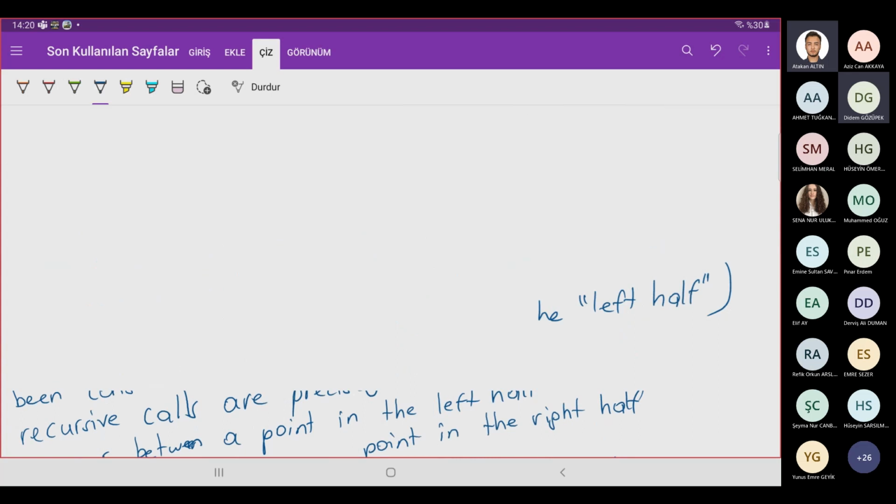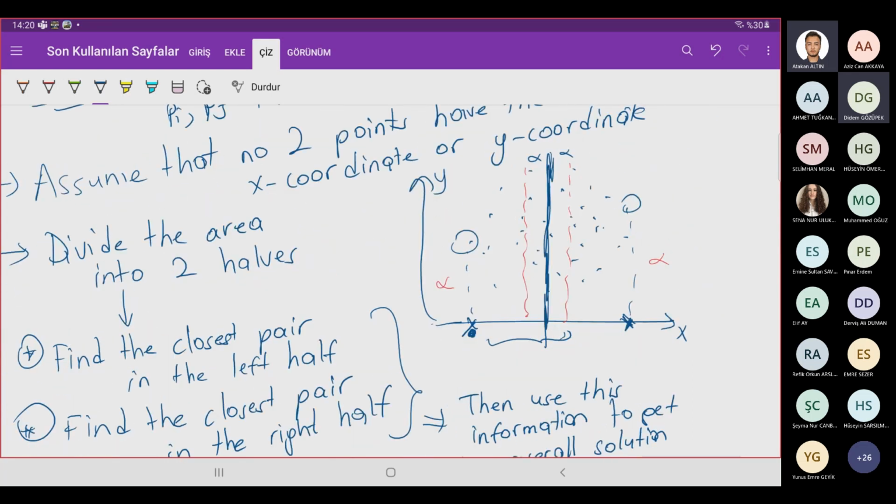This region is called the Q region, and this region, we will call it the R region.